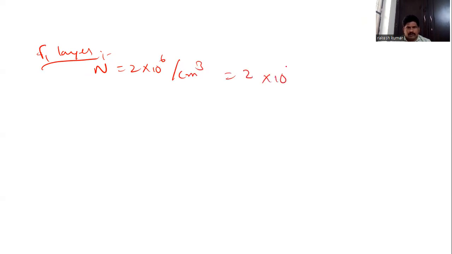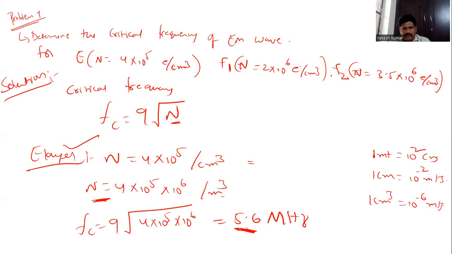Similarly for the F1 layer, what is the value of n? They have given 2 into 10 to the power of 6 per centimeter cube. The same thing, if we convert into per meter cube, multiply by 10 to the power of 6.